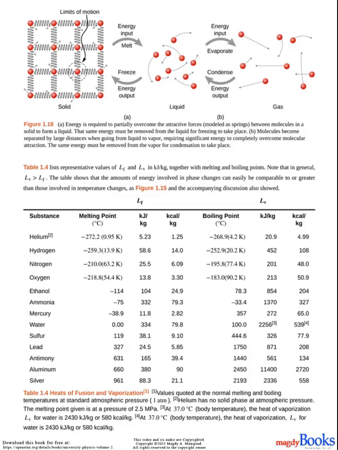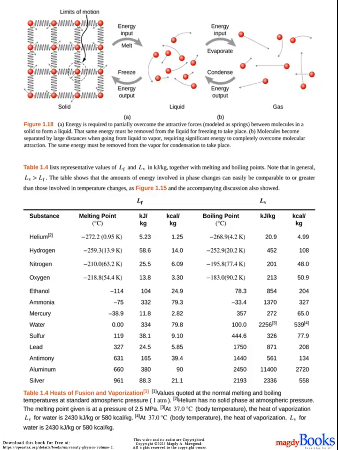Table 1.4. Substance. Latent heat of fusion, LF. Melting point, degrees Celsius. Kilojoules per kilogram. Kilocalorie per kilogram. Latent heat of vaporization, LV. Boiling point, degrees Celsius. Kilojoules per kilogram. Kilocalorie per kilogram. 1.